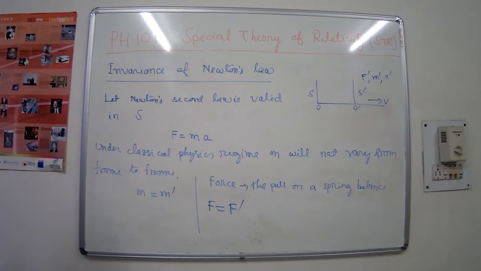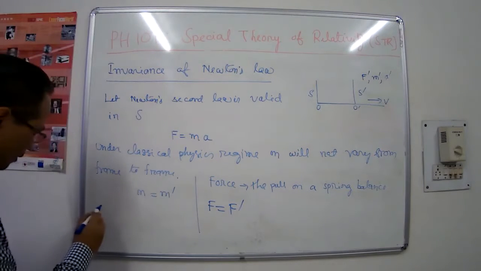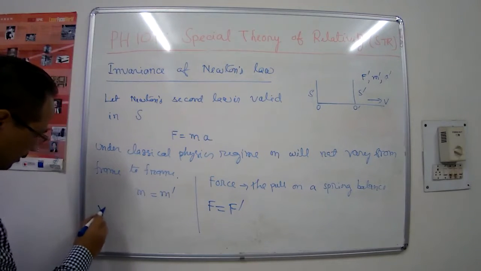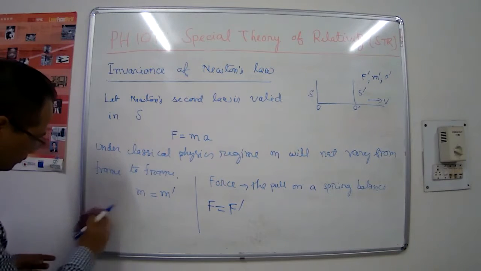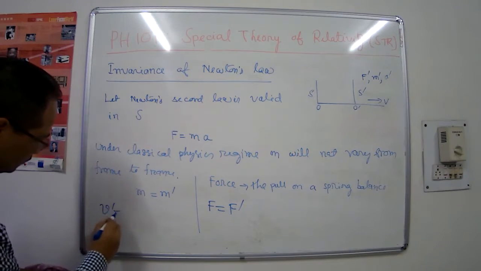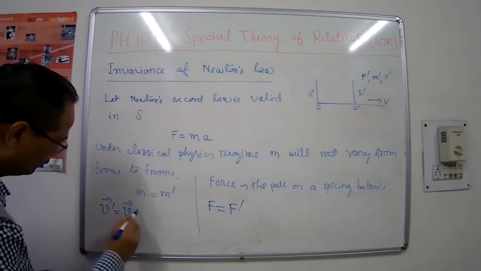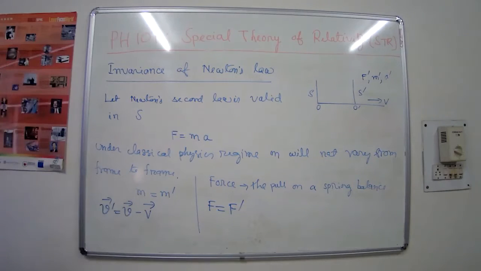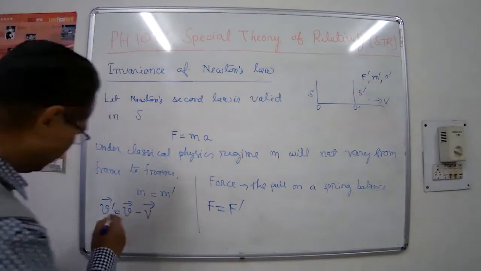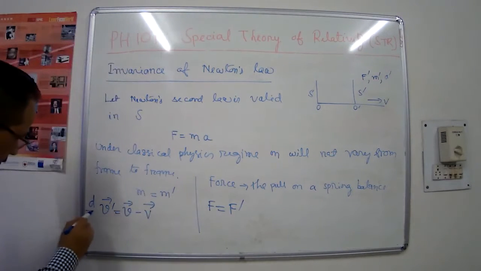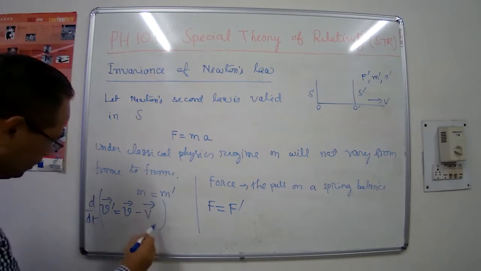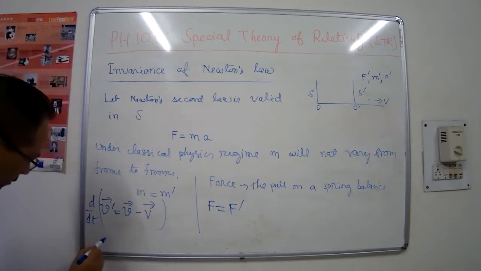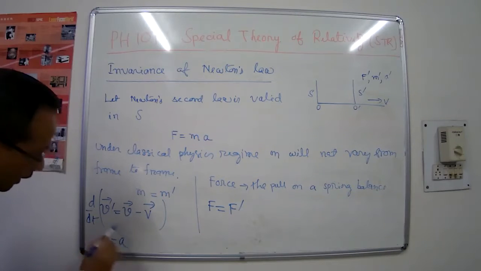Now just look at our velocity addition formula, which gives me that small v prime equal to small v minus capital V. Now, if you take a derivative with respect to time, then you know that capital V is constant, so this will give me a prime equal to a.